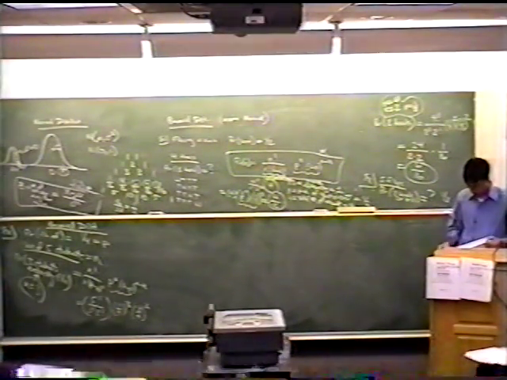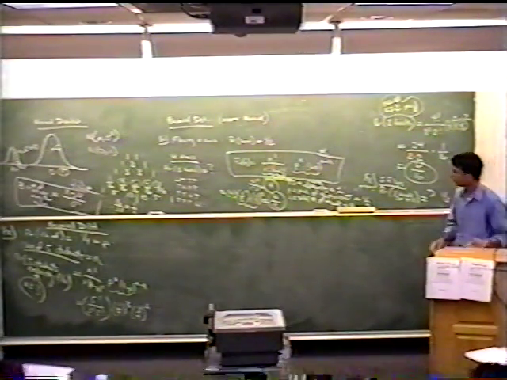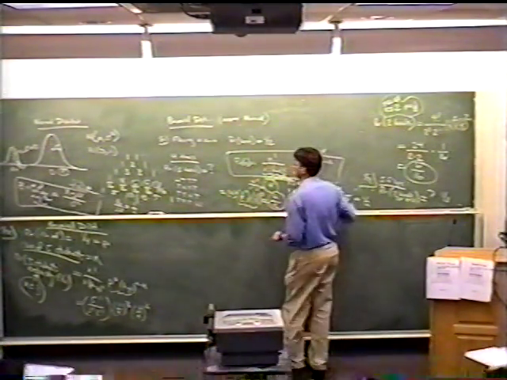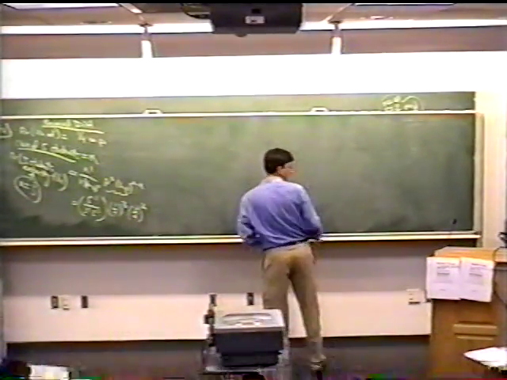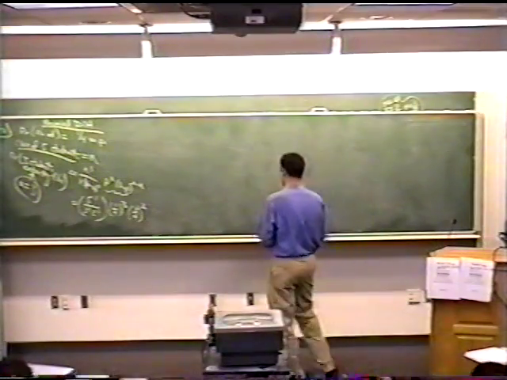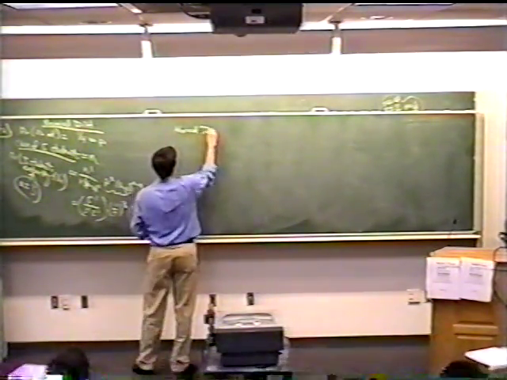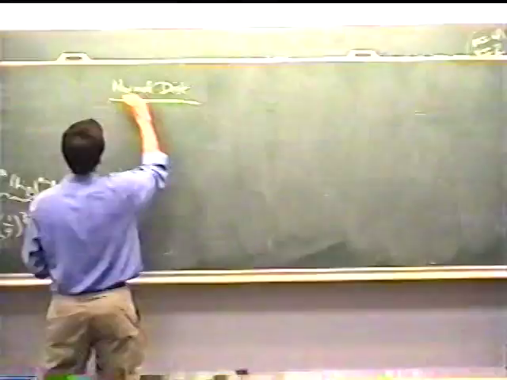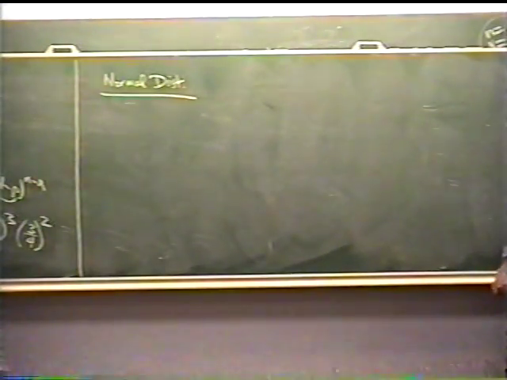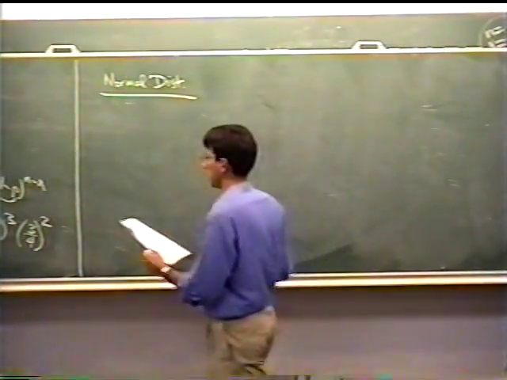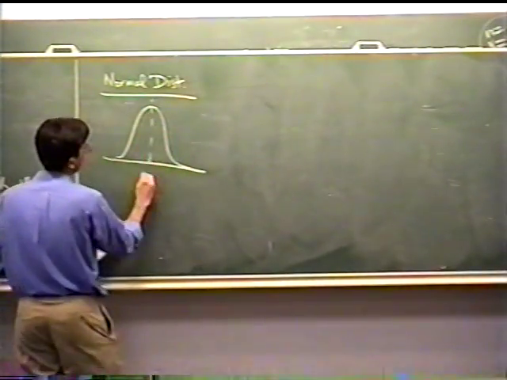And let's now go back to talking about normal distributions, and let's do it in the context of an example. So if we have a normal distribution, and let's just take exam scores, because we're all used to that.